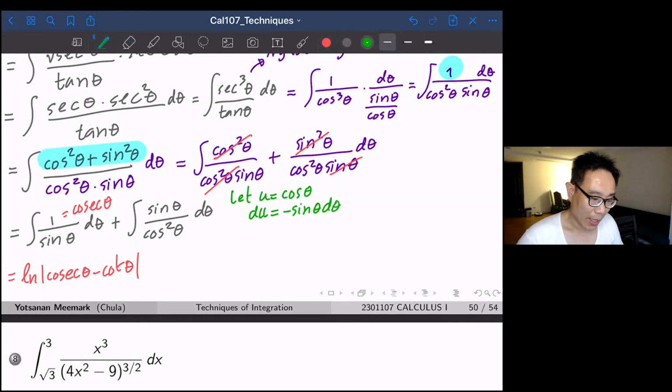Because you have sine to the odd power, you get this one.